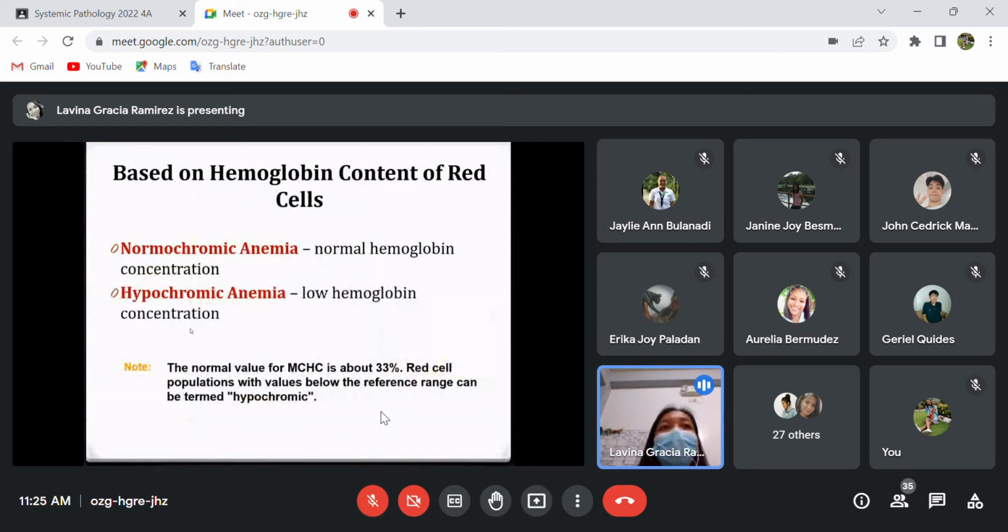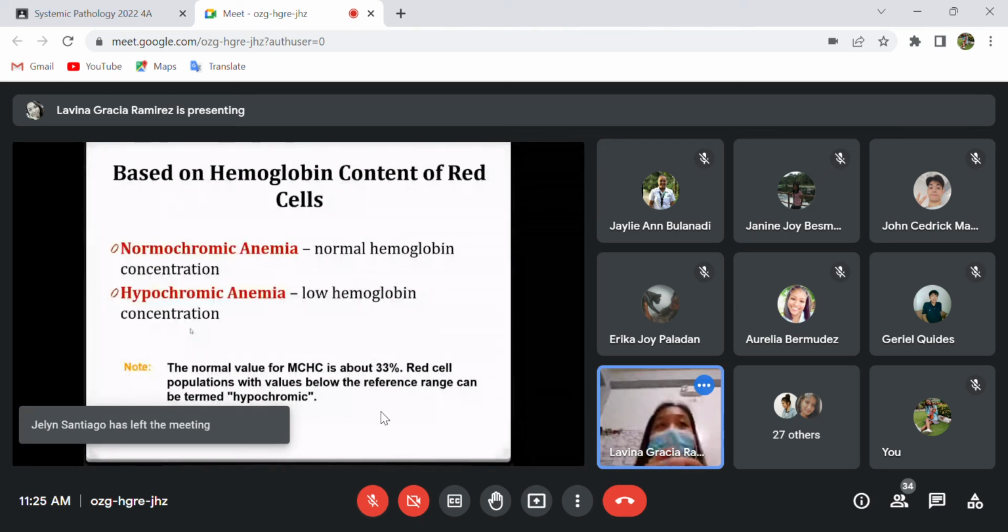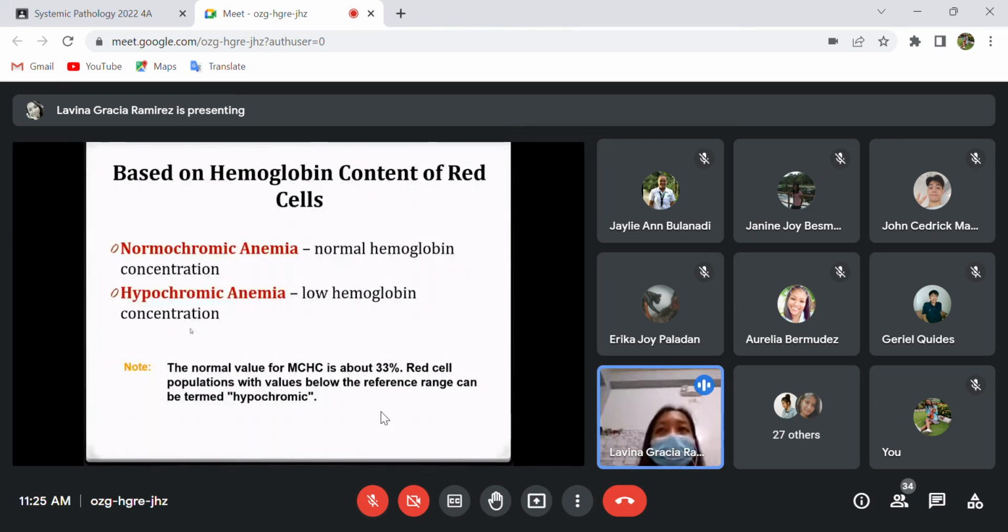Another classification is based on the hemoglobin content of red cells, which is the chromia. This is the concentration of hemoglobin within the erythrocyte, together with the oxygenation. So there is normochromic anemia, with normal hemoglobin concentration, and hypochromic anemia, in which there is a low hemoglobin concentration.